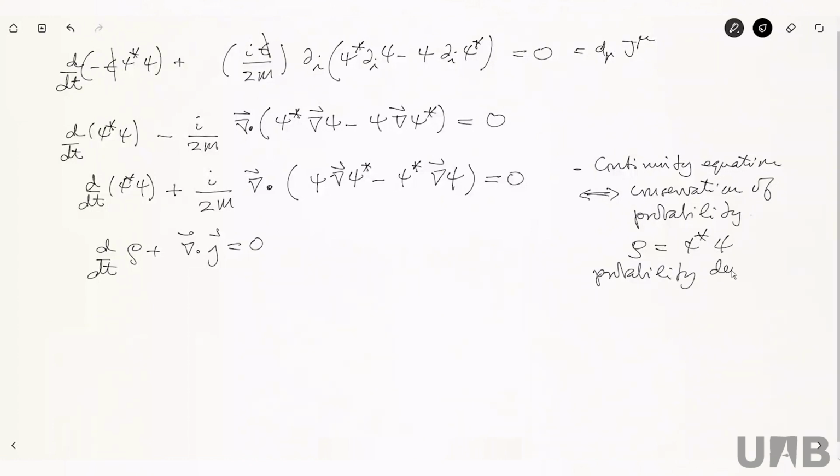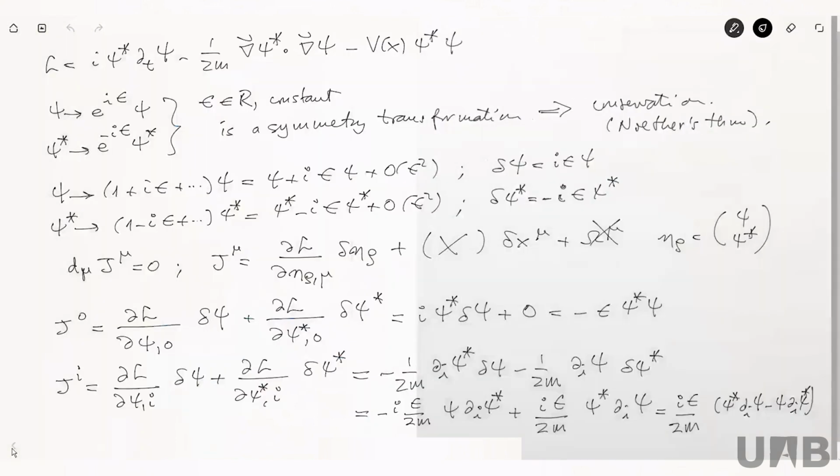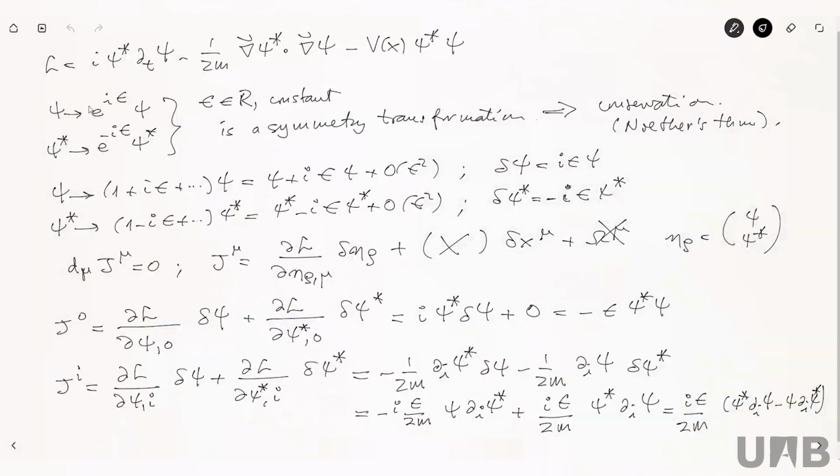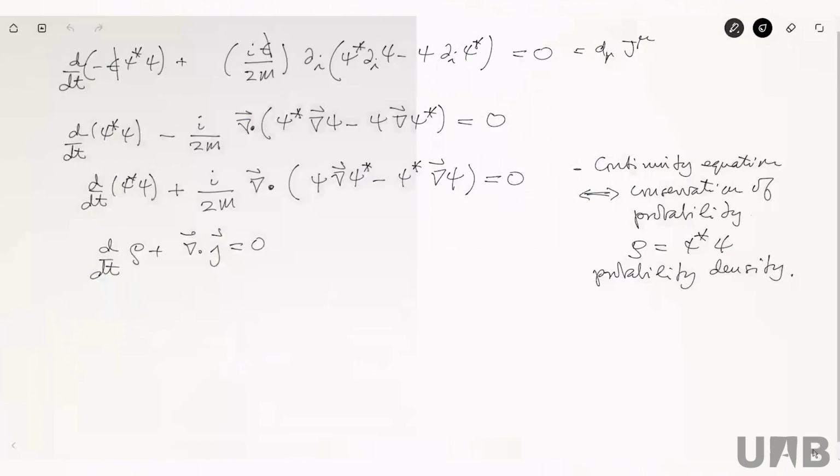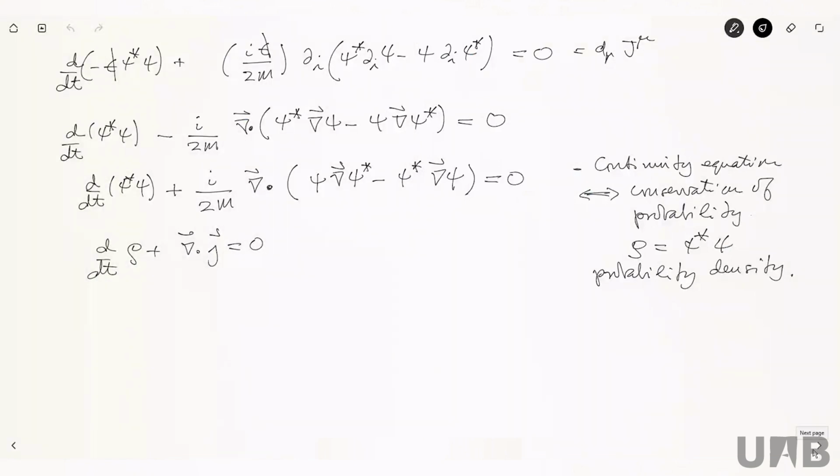Probability density in quantum mechanics. So as you can see, you recover this conservation law as a consequence of a symmetry. This symmetry is responsible for that. So it's just another example of how a conservation law is the result of a symmetry.